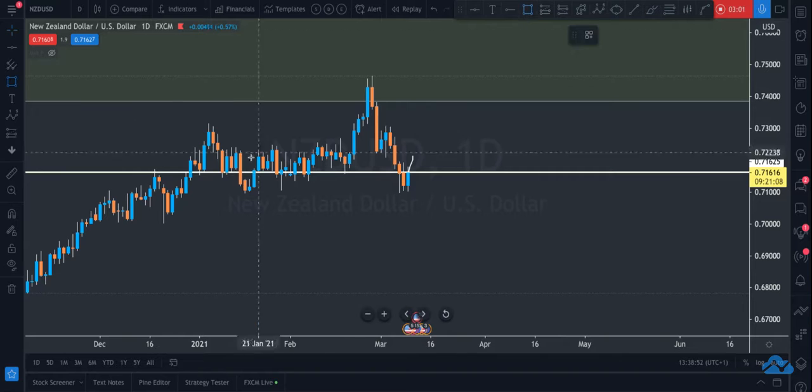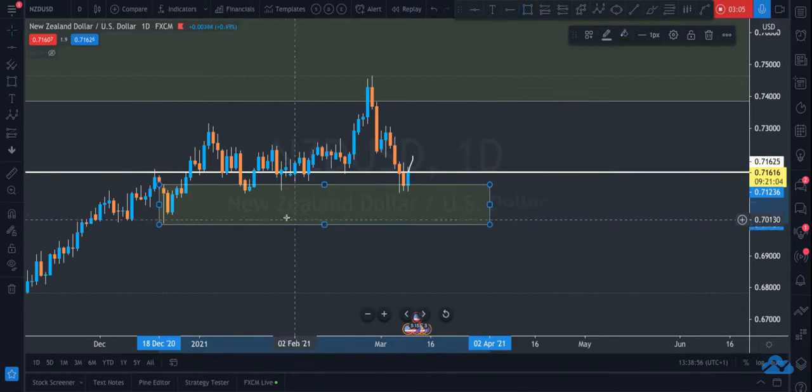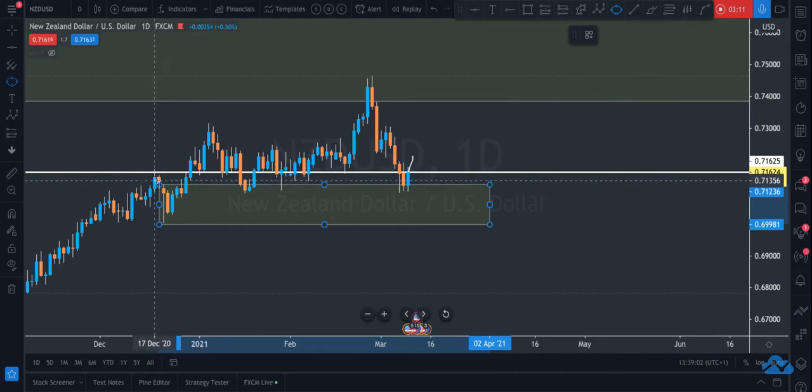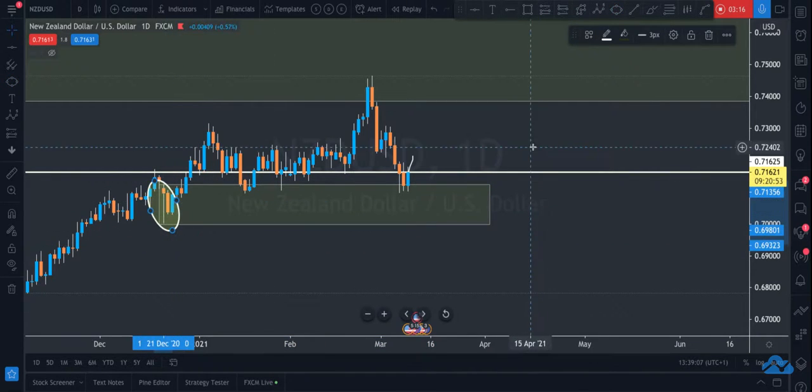But price is now in another support zone, okay, which is this one, generated from this candlestick pattern, as you can see, okay.